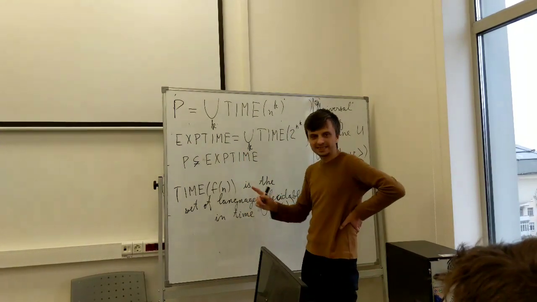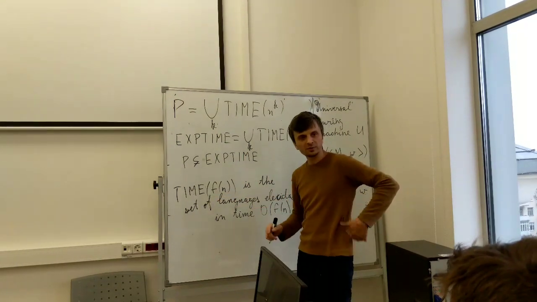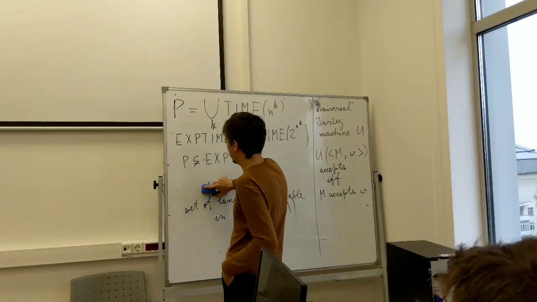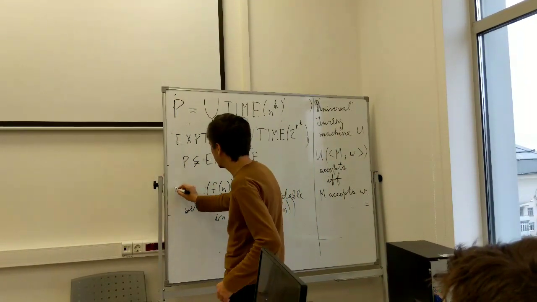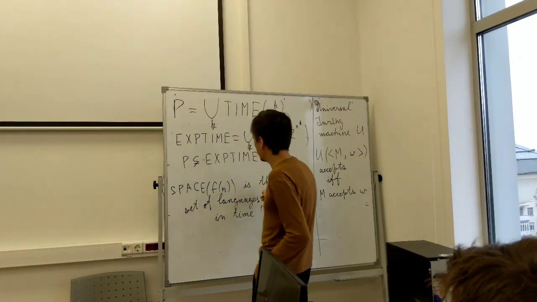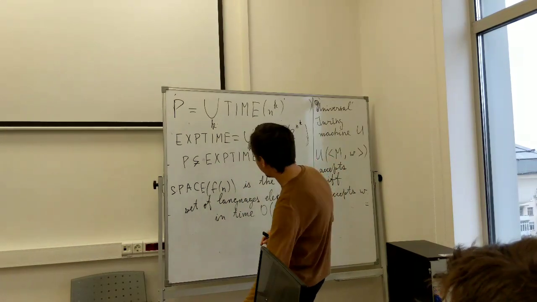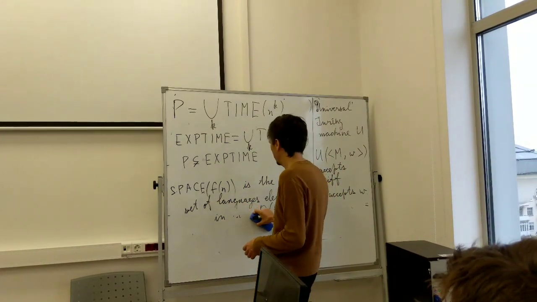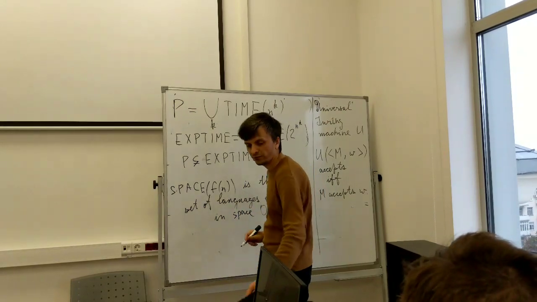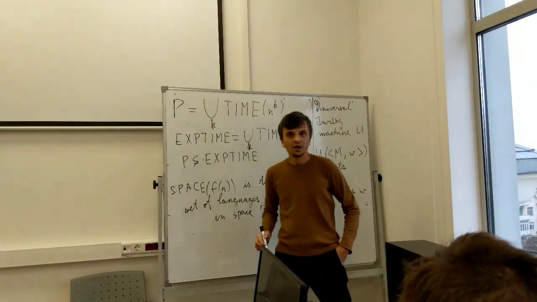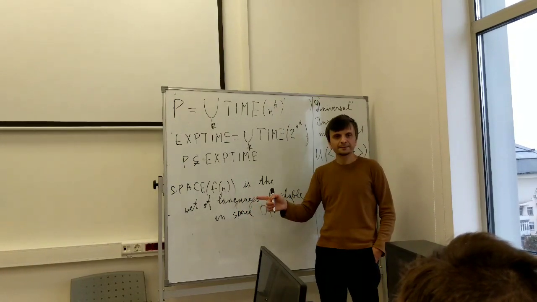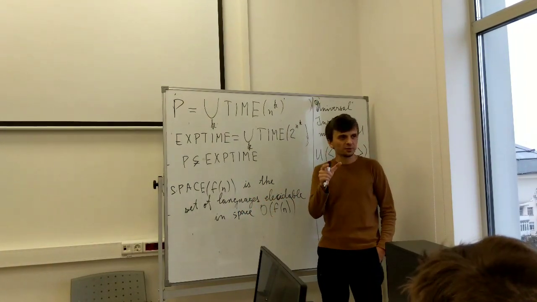So besides time, we will also be talking about space. And space is defined analogously. So space of f of n is the set of languages decidable in space O of f of n. What it means to be decidable in space is: what's the space that a machine needs?